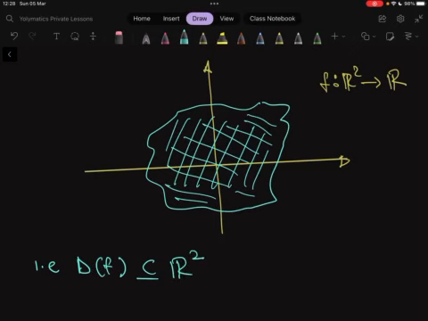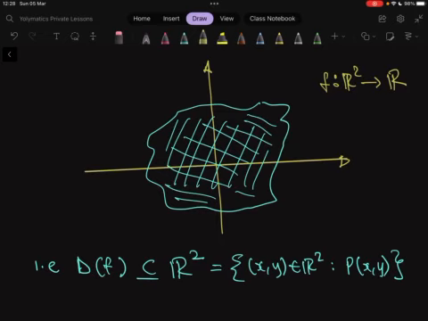You see that? And it is always made up of coordinates (x, y), all elements of R2, such that some property holds true. So this is the structure of the domains of two-dimensional functions.